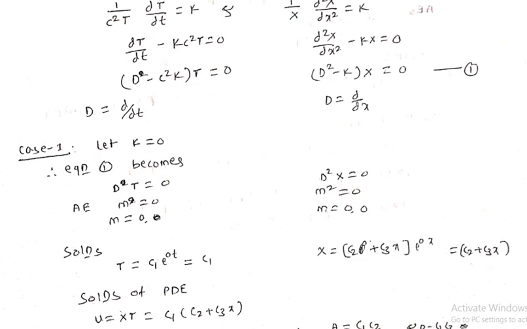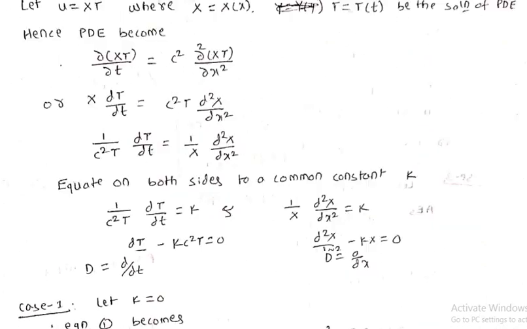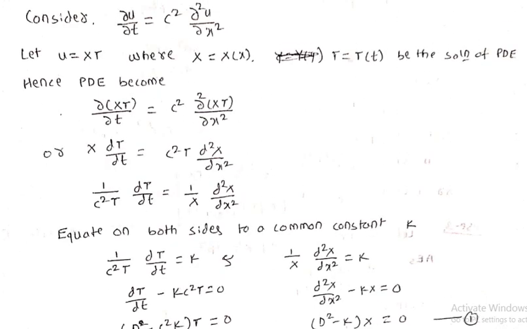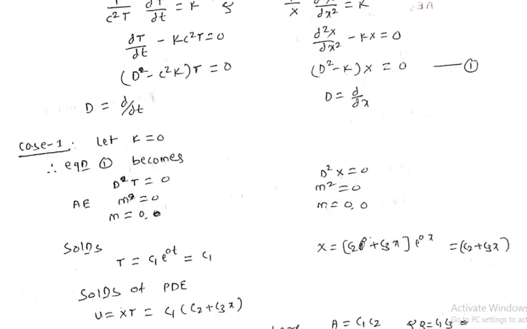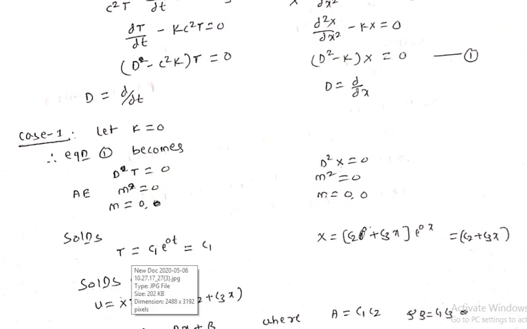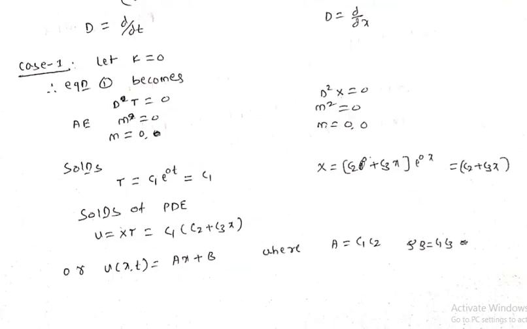So e^(0x) gives c2 plus c3 x. Now use this capital T and X solution in the u equal to XT equation, which is the first solution.